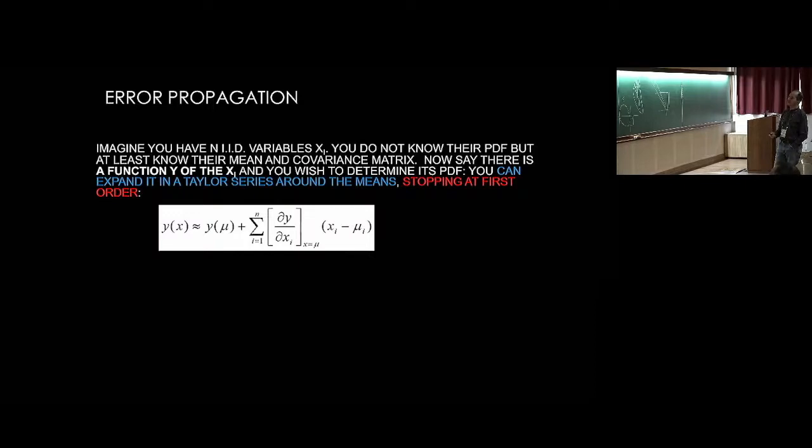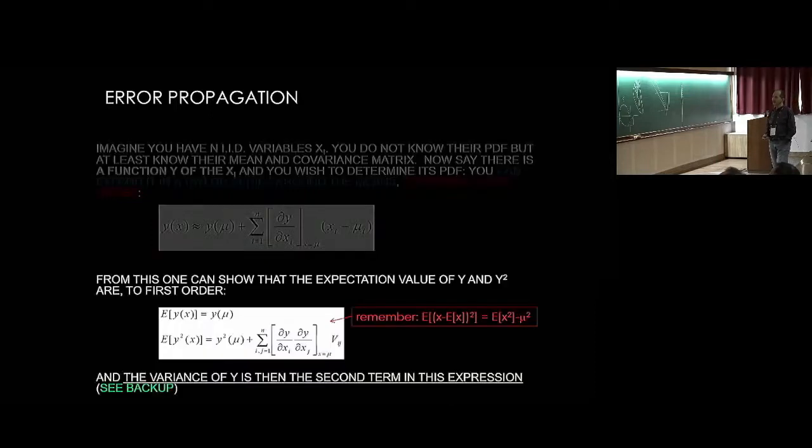And you can expand in Taylor series by stopping at the first term, which is this. It's the sum of the derivatives with respect to the x_i's times their difference from the mean. If you use Taylor series expansion, you can show that the expectation value of y and the expectation value of y squared, from which you can get the variance of y, which is the function of the x, can be determined simply by these formulas.